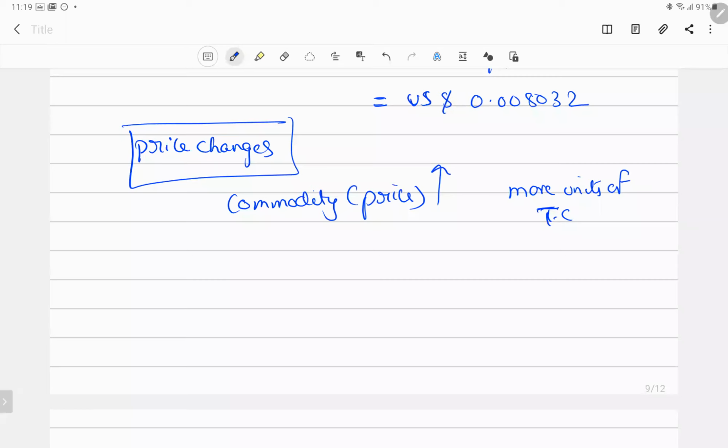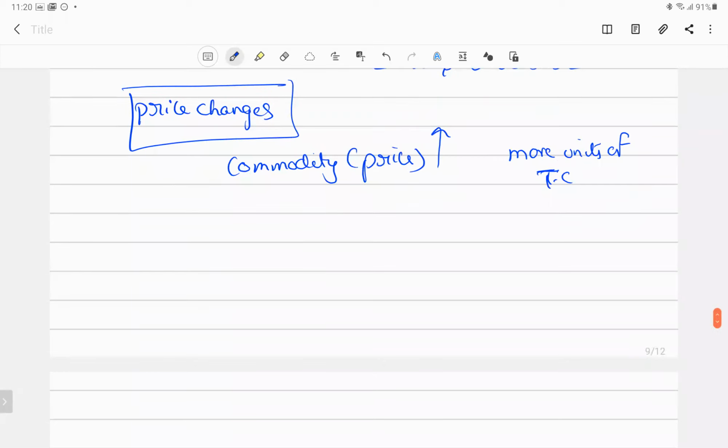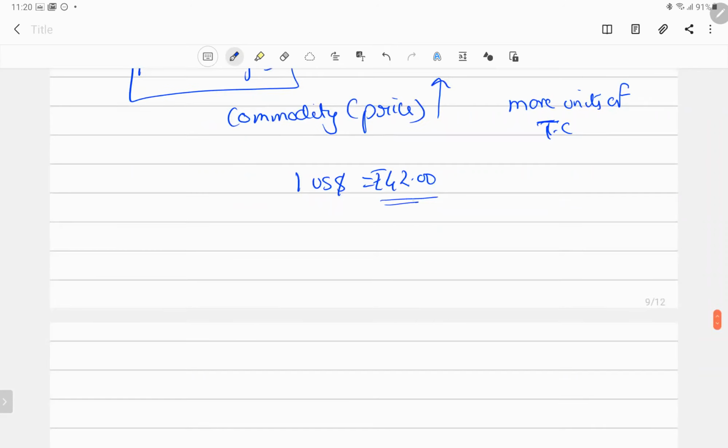When the commodity price is larger, it means that we have to pay more units of term currency. Suppose you have 1 US dollar, it is suppose 42 in rupee, the term currency given is rupee. Here we require only 42 rupees to pay for the US dollar.